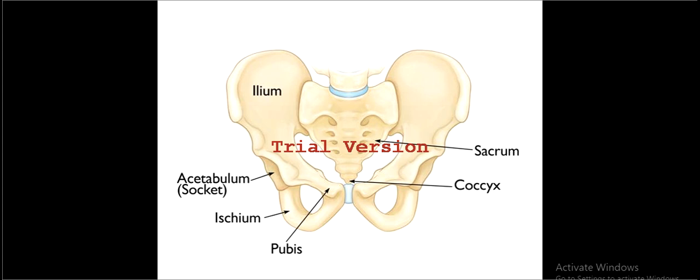This is the diagram of the pelvic bone. Here you can see the acetabulum cavity which joins with the femur. This is the ischium on which we can sit, and in front of this is the pubic bone. This is the sacrum, and this is the coccyx, which lies at the back side of the bone.